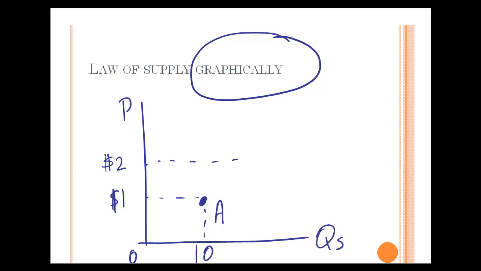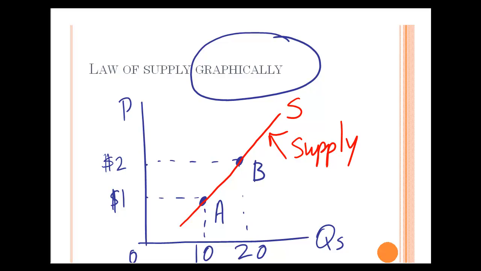And we know that that $2, if we're trying to represent the law of supply, has to go along with a larger number for quantity supplied. That's 20. We'll represent that point by point B. We'll draw a line through those two points, and we have a supply curve. We usually represent the supply curve by capital S at the end of the curve. So here we have a supply curve.